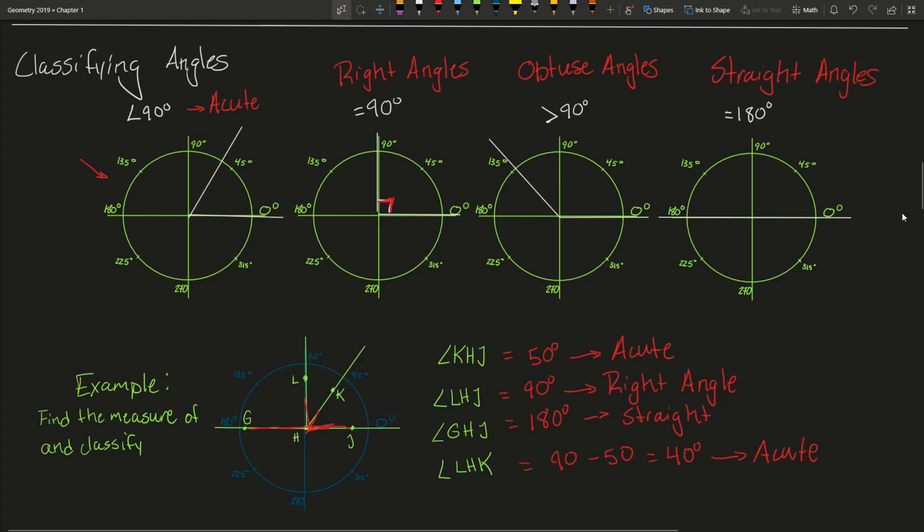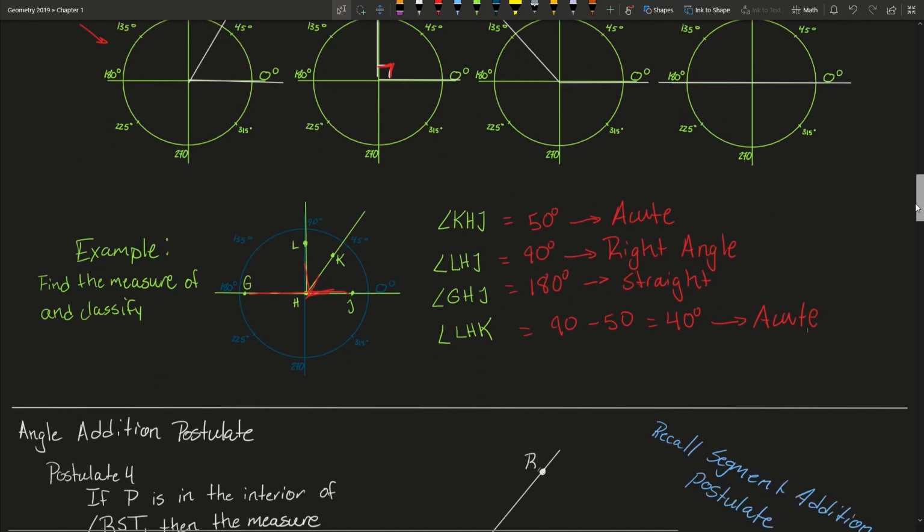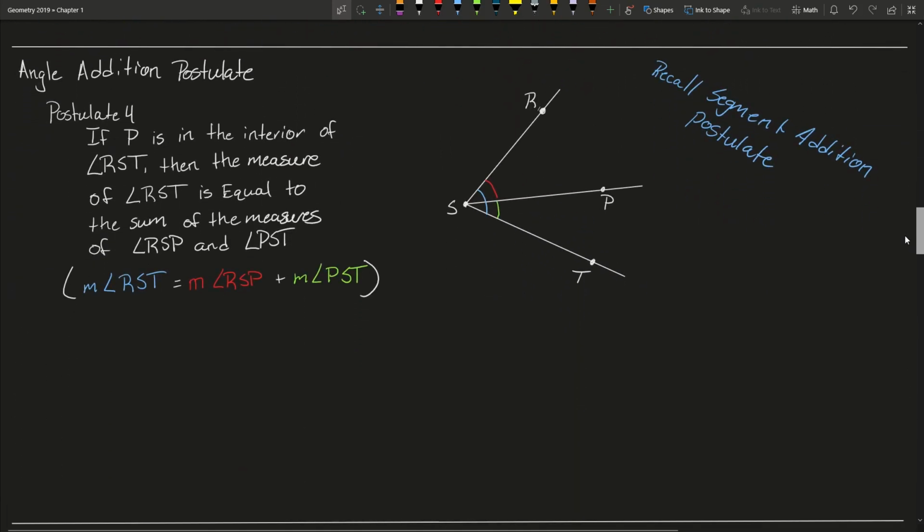The next thing we can do is add and subtract angles, just like segments. The postulate that lets us do this is postulate 4, the angle addition postulate. So if we have point P in the interior of RST, then the measure of RST, the bigger angle, is equal to the sum of the measures of RSP, the top angle, and PST, the bottom angle.